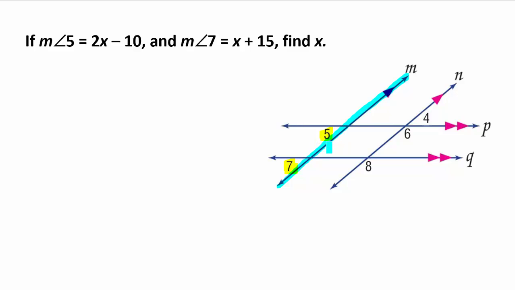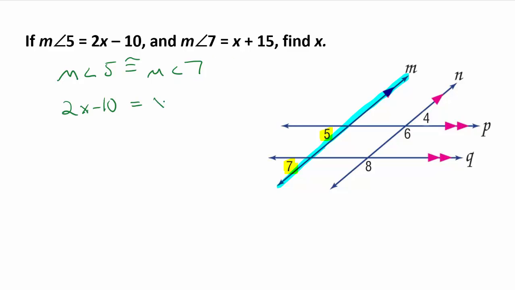And as we know, corresponding angles across parallel lines are going to be congruent. So I can automatically say that the measure of angle 5 is congruent to the measure of angle 7. And we know measure of angle 5 is 2x minus 10.